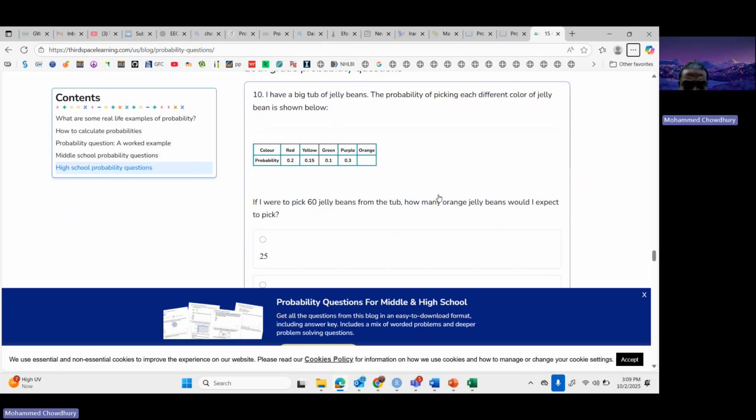So in this case, what is the probability of the orange? 1 minus 0.2 minus 0.15 minus 0.1 minus 0.3, right? So then you will get the orange.